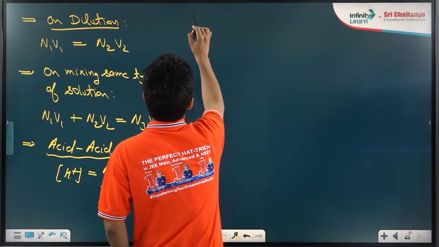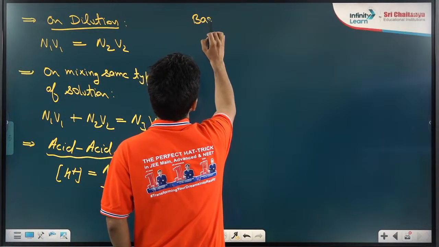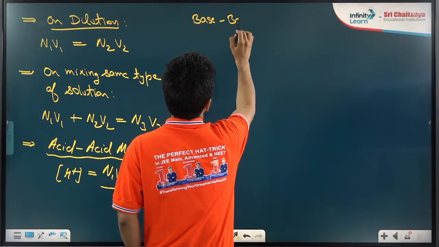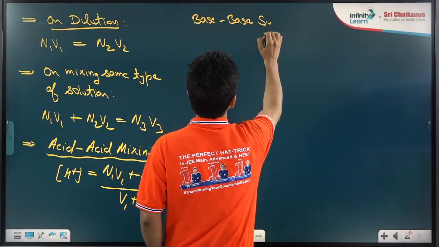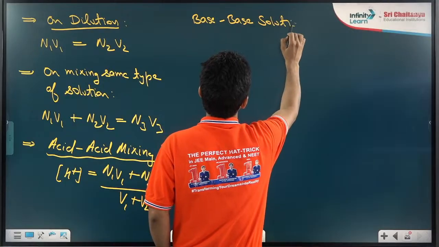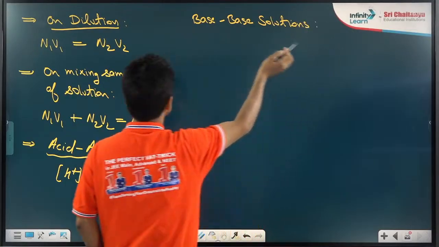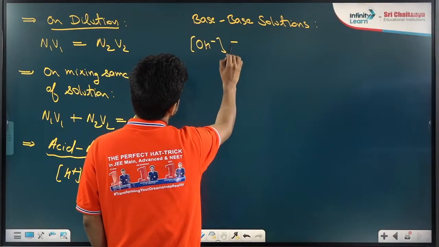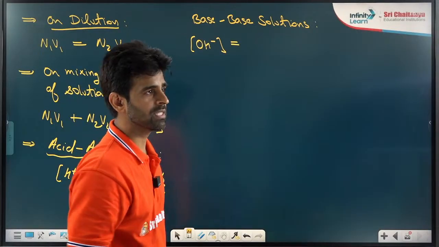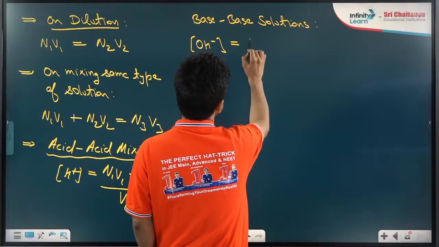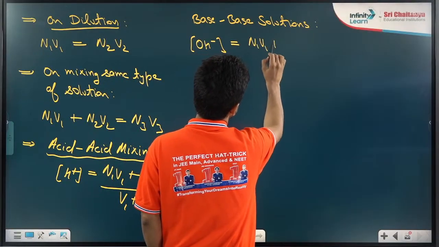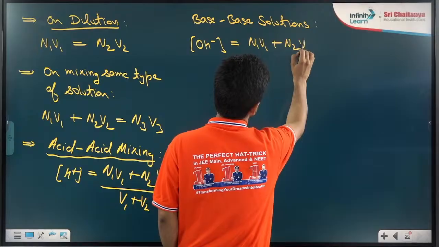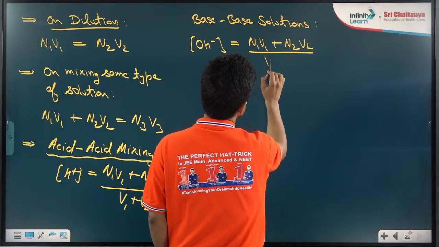Similarly, if you mix two base solutions and you are asked what the final OH negative concentration will be, we apply N1 V1 plus N2 V2 divided by V1 plus V2.